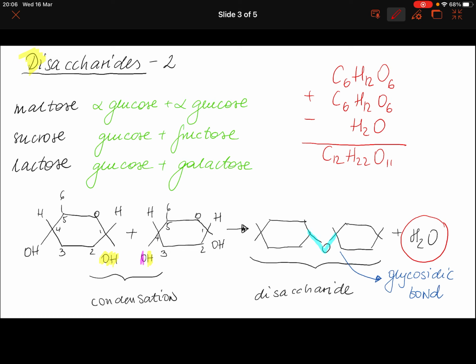Disaccharides, except for maltose, are examples of non-reducing sugars. Hence, the testing for their presence in a food sample will be slightly different. The method used for non-reducing sugars is slightly different from the method for reducing sugars.